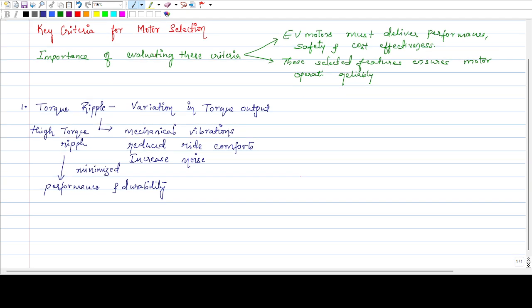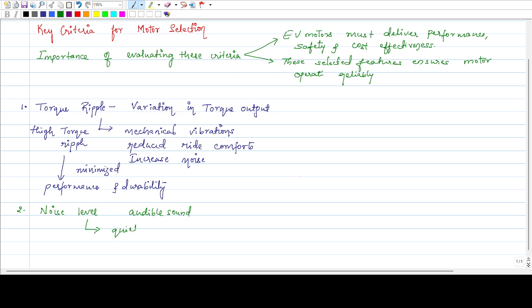The next criterion is the noise level. Noise level is the audible sound produced during motoring operation. Whatever audible sound we have during the motoring operation is given by the noise level. If you have low noise, it contributes to a quiet, comfortable ride.